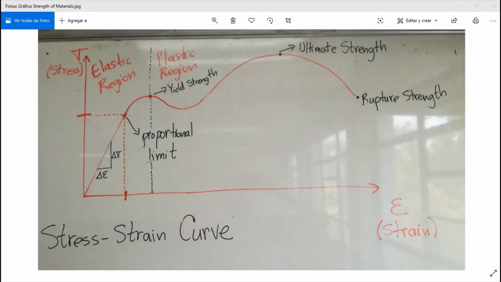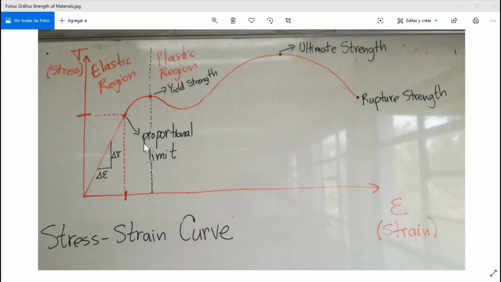In this case, this is the axis of the strain, and this is the axis of the stress. Remember, strain is dimensionless, and stress is Newton per square meter. There are other types of measurements, but this is the international system standard.